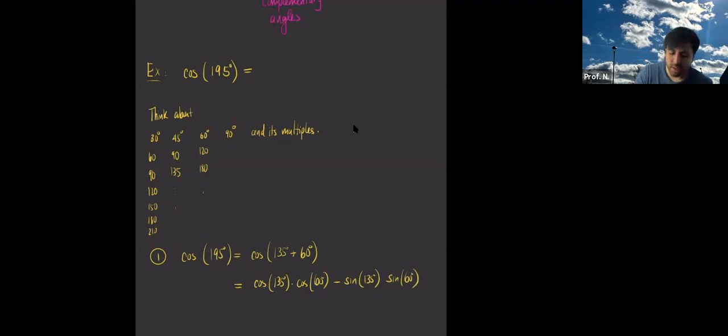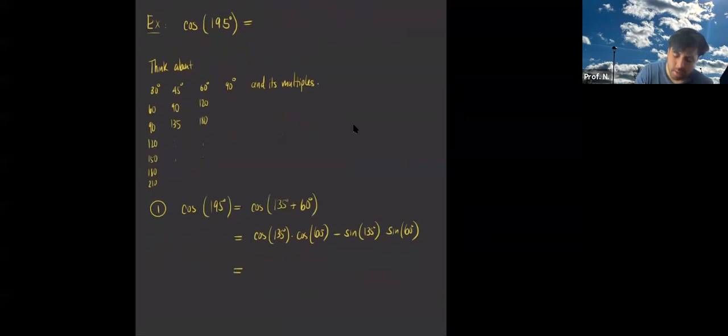Now, what's cosine of 135? What would be cosine of 135 degrees? Remember, the way we evaluate this is to first figure out where is 135 degrees? What quadrant? It's in quadrant 2.